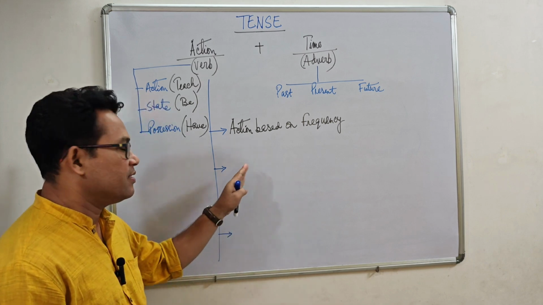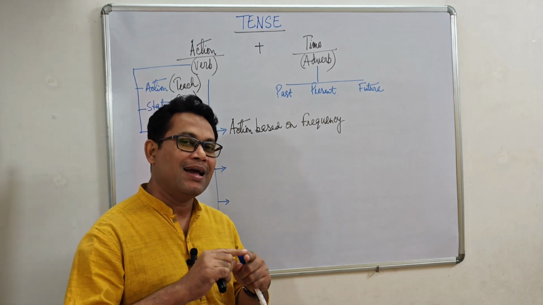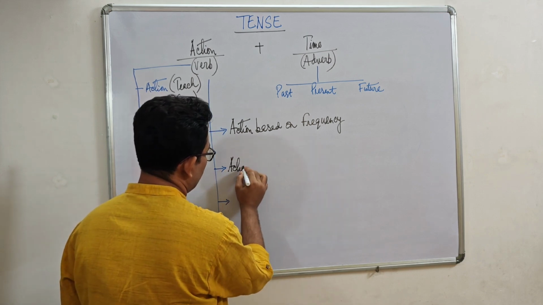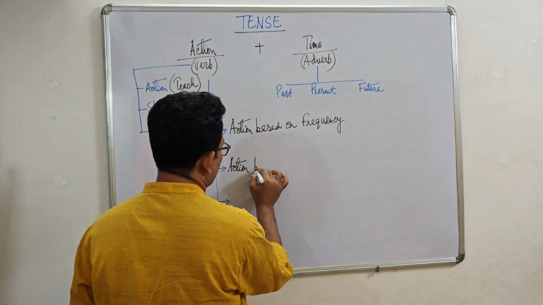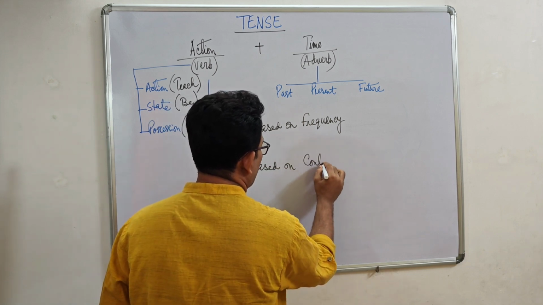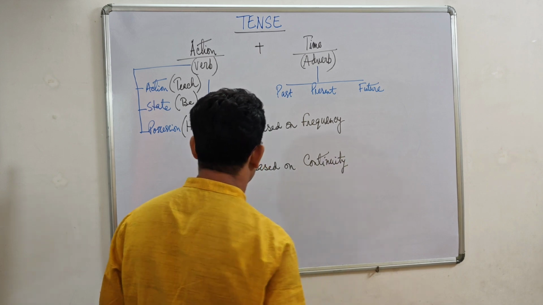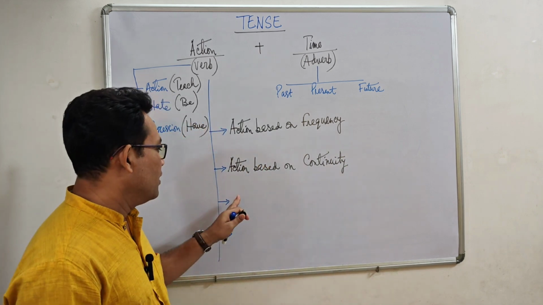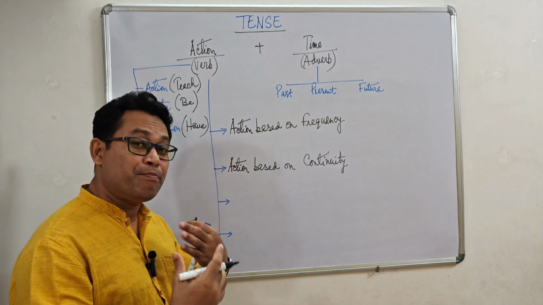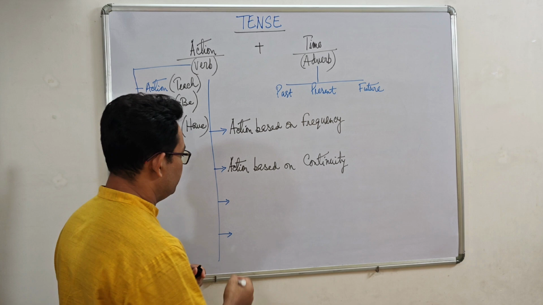Then number 2, there is the second type where the action will be based on continuity. The third is another category where the action will be based on completion by a specific time.